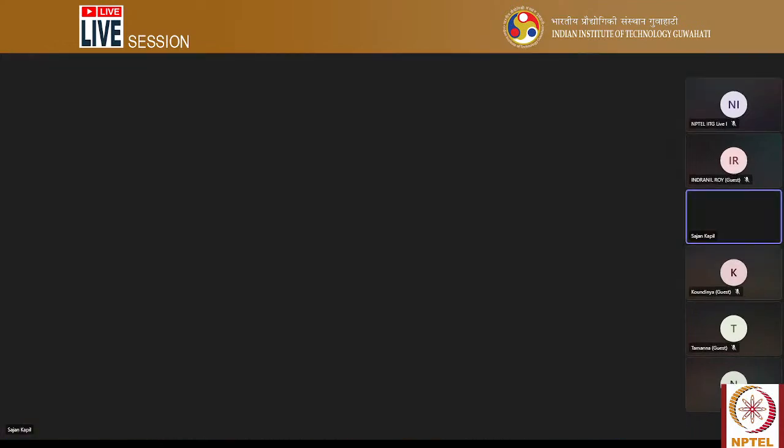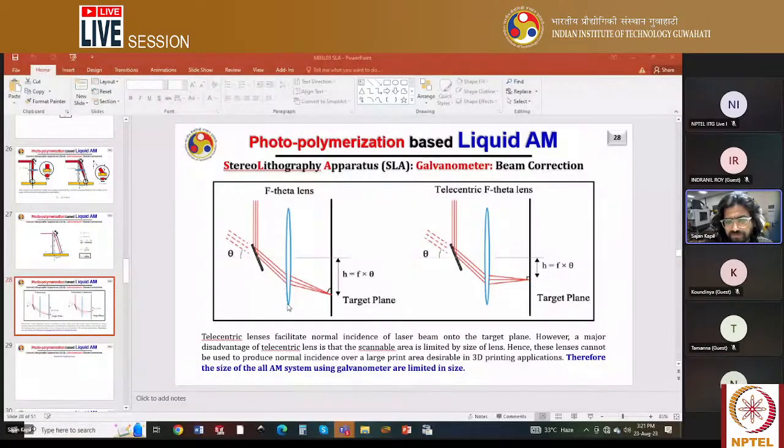So if you look here, if you use the F theta lens like this, only the F theta lens, the light is still getting projected on the target plate at an angle. But the focal point is going to be the same, even if it gets projected here, because it's just a linear function of theta. But we don't want even the same diameter beam to be projected at an angle.